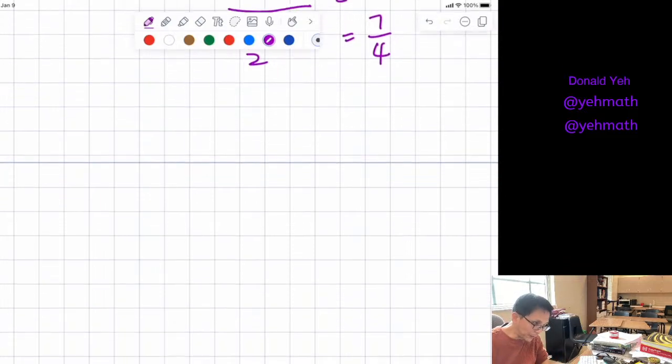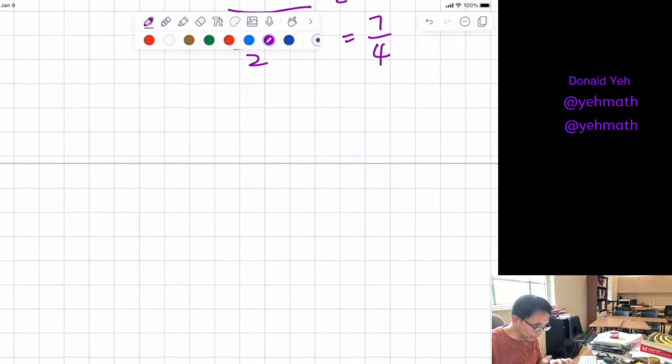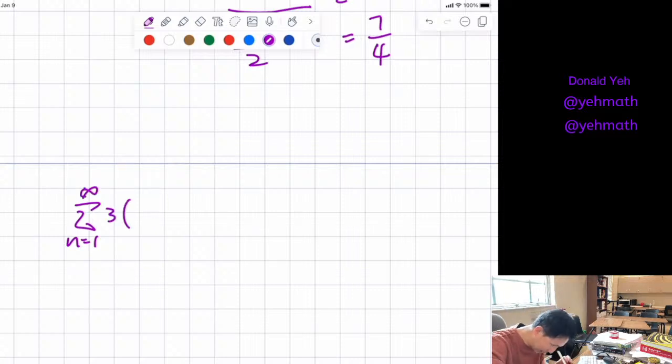So I want you to find out whether this geometric series converges. What if I just ask you, n equal to 1 to infinity, 3 times negative 4 over 3 to the n minus 1.